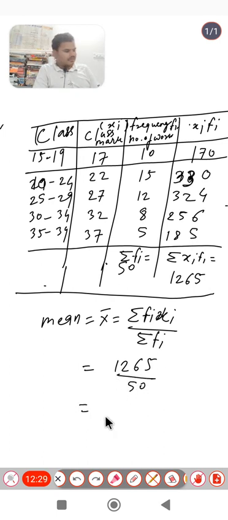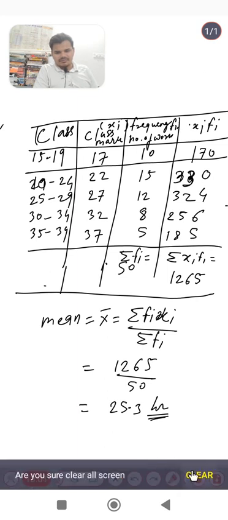In this way we got the value 25.3, so the mean time required to complete the work is 25.3 hours. In this way we can calculate the mean by the direct method. Hope everyone understands this, it is a very simple method.